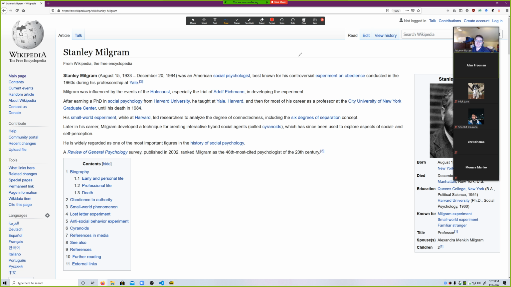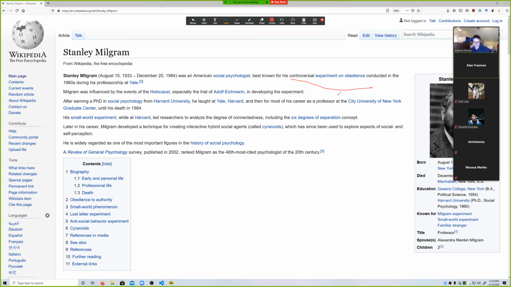He is famous for the Milgram Experiment, a controversial experiment on obedience. You see, he looked at the trial of Adolf Eichmann, who was one of the architects of the Holocaust. Of course, the common defense of many Nazis when they went on trial was I was just following orders, or I was forced to do that.